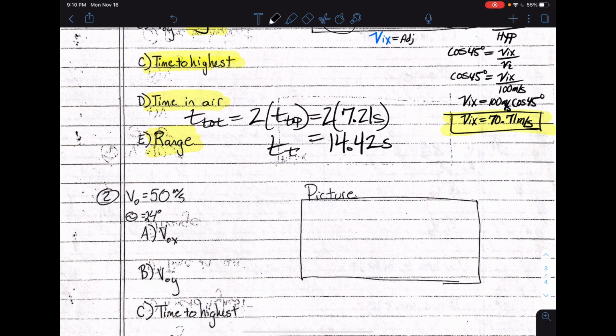All right, and that's going to be our T total. And that might feel a little bit like cheating, but it works.